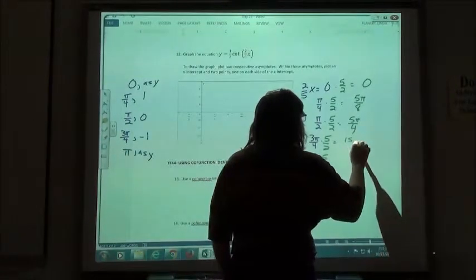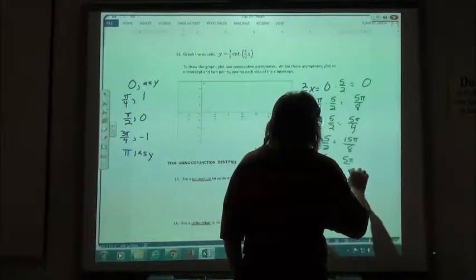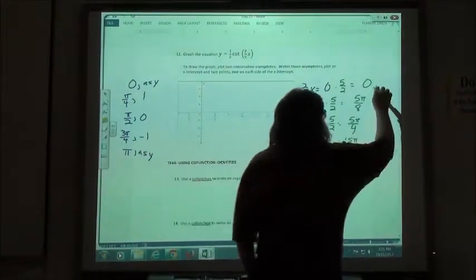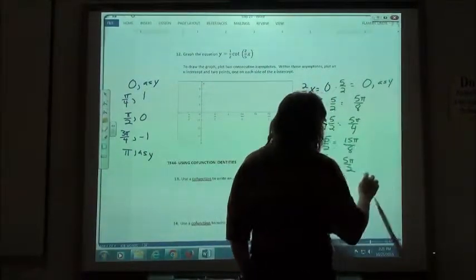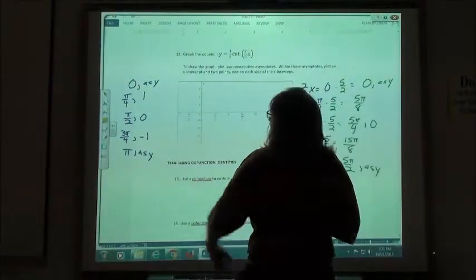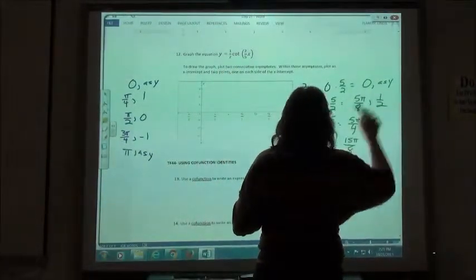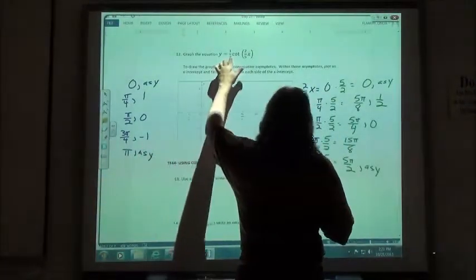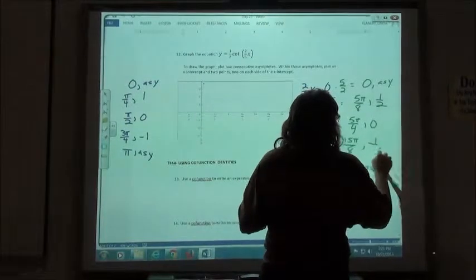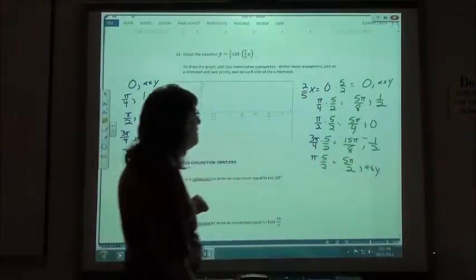Then I'm going to get 15 pi over 8. And then I'm going to get 5 pi over 2. So asymptote at the beginning, asymptote at the end, 0 in the middle. 1 times 1/2 is 1/2. Negative 1 times 1/2 is negative 1/2. Almost can read the negative. I'm going to put it out there.